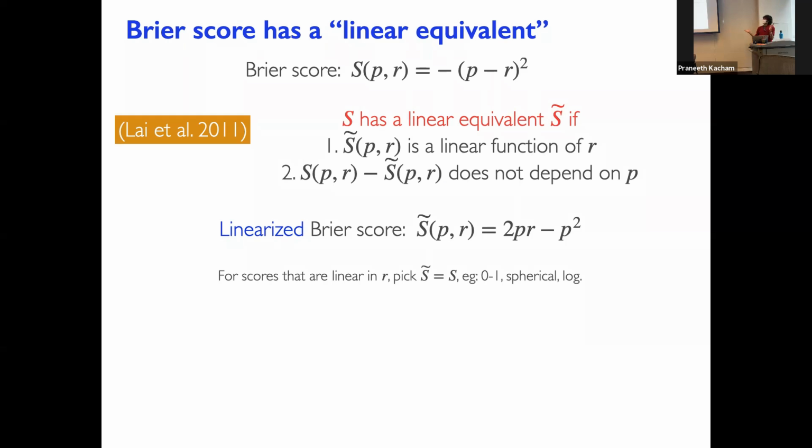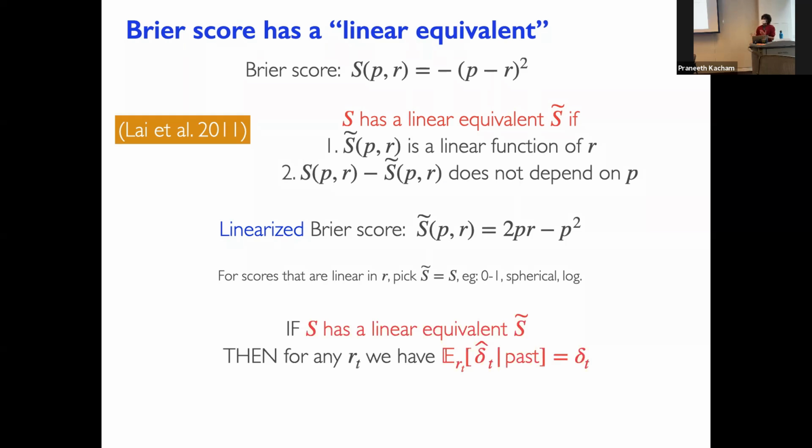So why do you care? Why does anyone care that a score has a linear equivalent? Well, here is the magical property. If S has a linear equivalent S tilde, then for any R_t, the expected value of delta hat t given the past, delta hat t is an unbiased estimate of delta t.